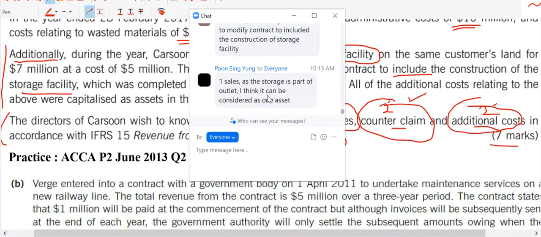Another possibility is if we feel that the retail outlet and the warehouse are combined as one, then we need to recalculate the total revenue, because now we have extra revenue from constructing the warehouse. Combine the warehouse revenue with the outlet revenue, and combine the warehouse cost and the outlet cost to come up with a new costing sheet to recalculate the percentage of completion. With the new warehouse joining in, the progress shouldn't be 60% or 70% anymore, because now we have more things to do.